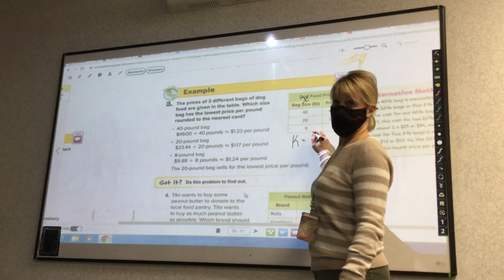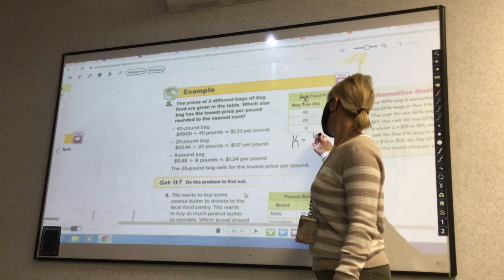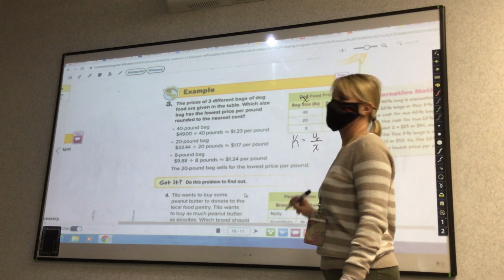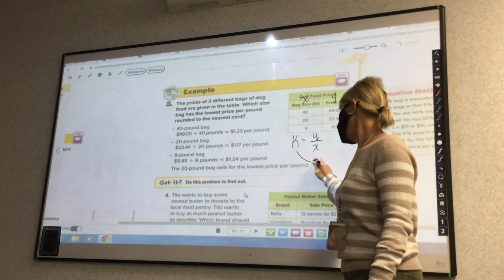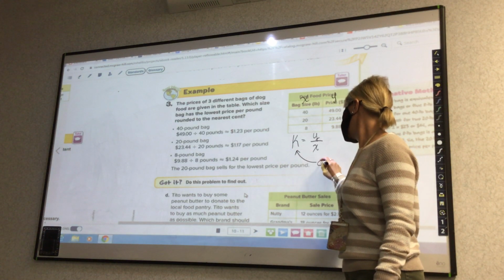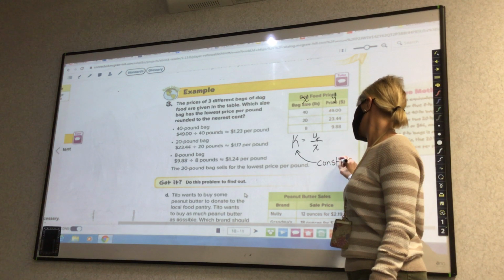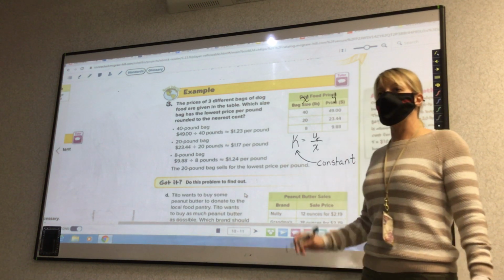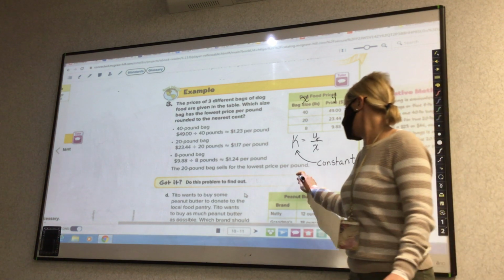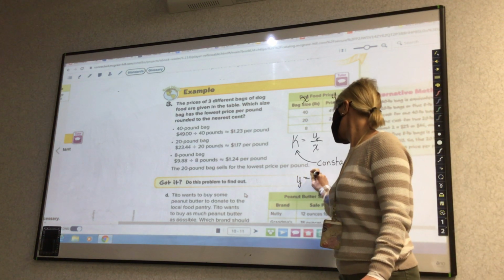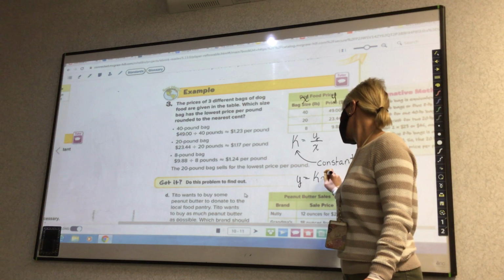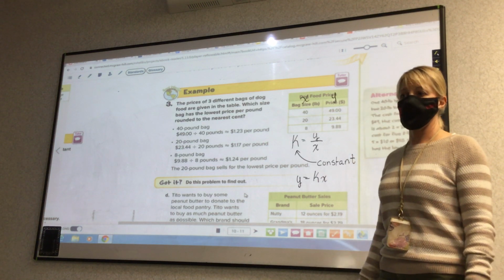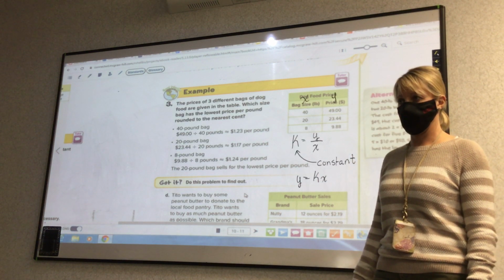K is Y over X. And K is my constant. So then in order to have an equation with that, it would be Y equals K times X. Write all of that in there.